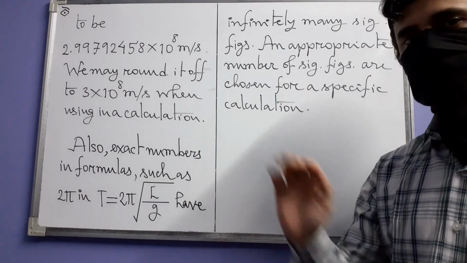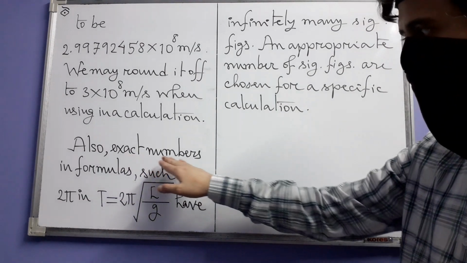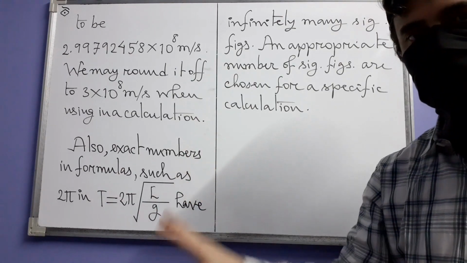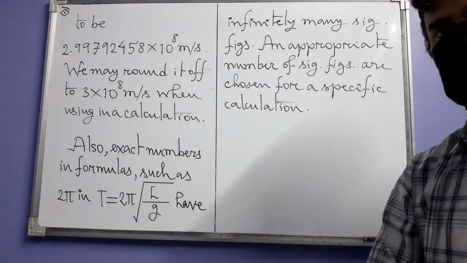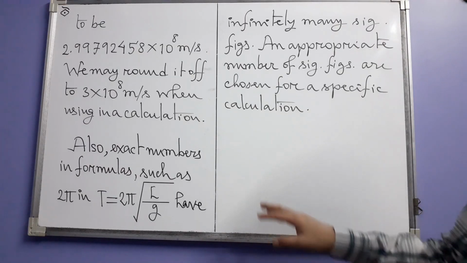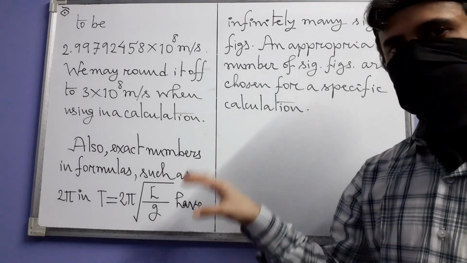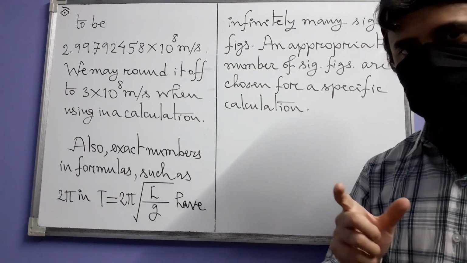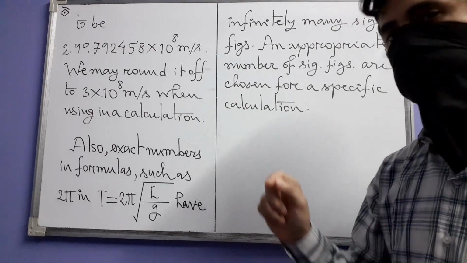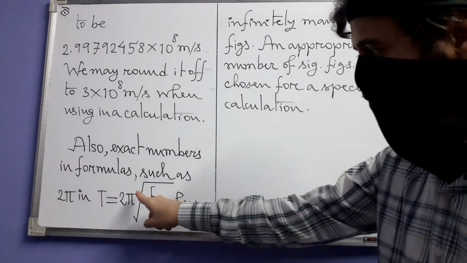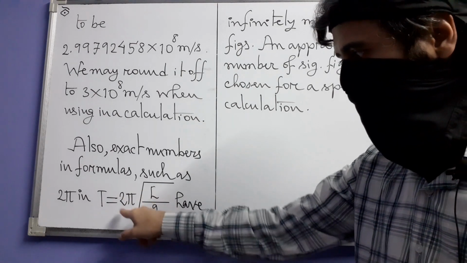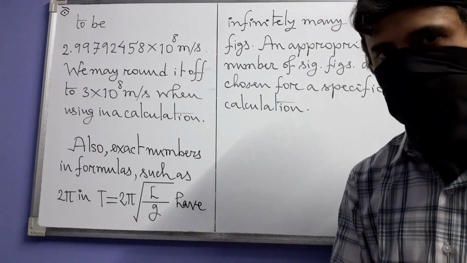And then there is this thing also. If we have exact numbers in some kind of formula, then these exact numbers have infinitely many significant digits. A number would be considered exact in this context of approximate quantities if it comes from mathematics, not from some physical experiment. 2 pi is exact because its definition is mathematical.